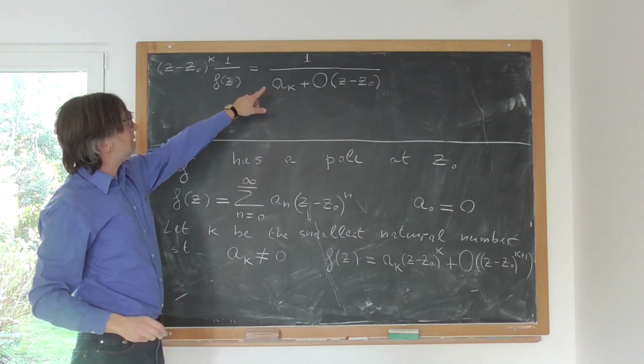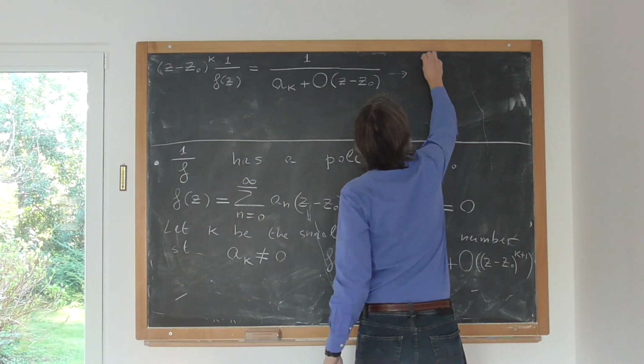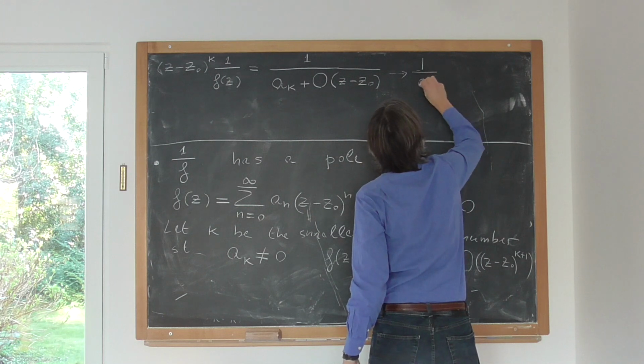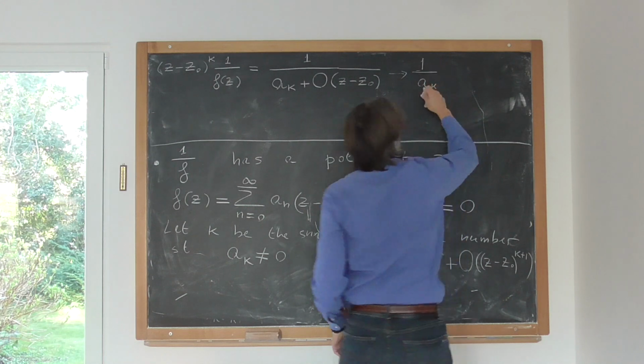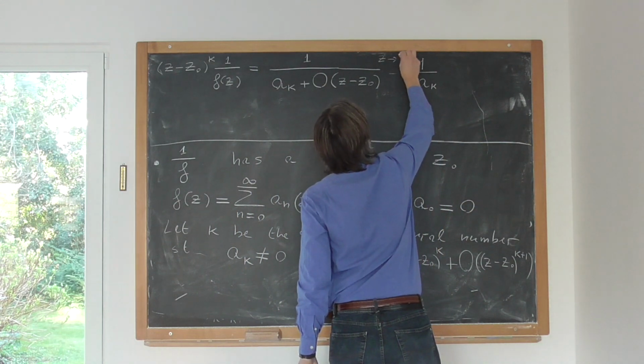And this function, when z converges to z naught, converges to 1 over a k. Remember that a k is non-zero for z going to z naught.